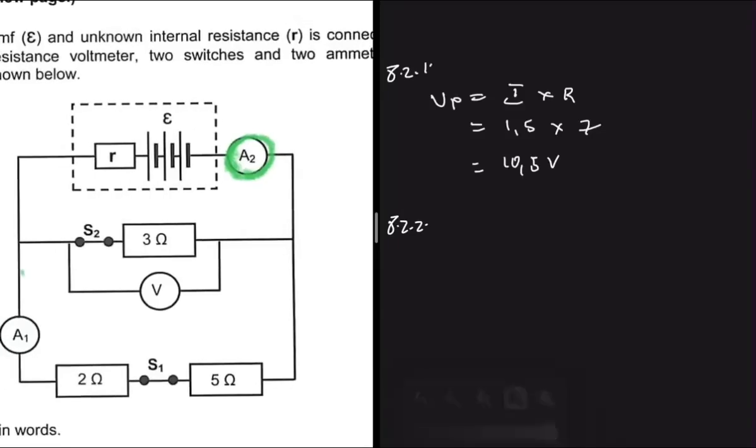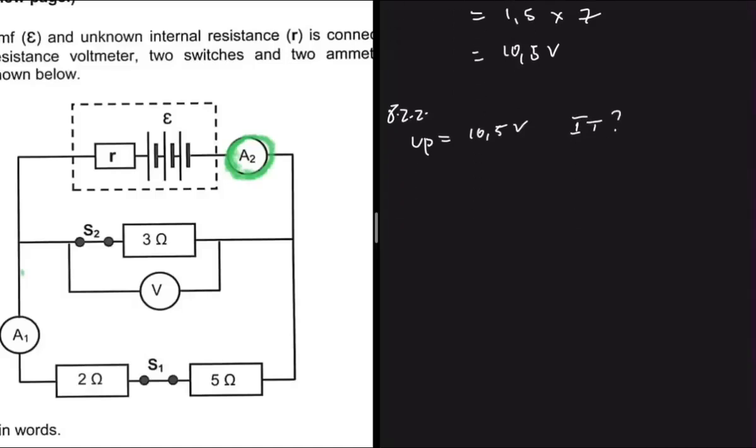What do we have up to so far? We have VP, which is equals to 10.5 volts. What we're looking for is IT, right? But then we have a formula that says that VP is equals to IT multiplied by RP. So since we have VP, we can find RP, and then by doing that, we're going to ultimately find IT.